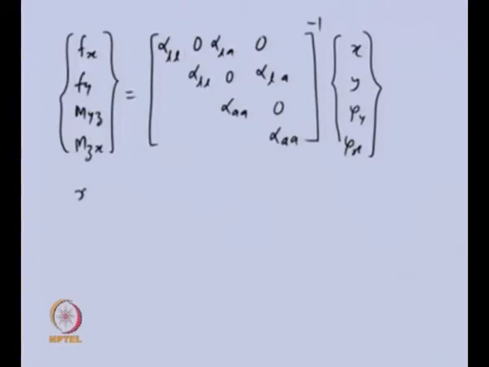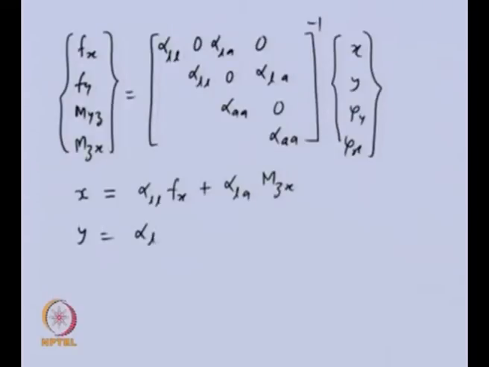The linear displacement x is alpha linear fx plus alpha linear angular m zx, and y is alpha linear fy plus alpha linear angular m yz.